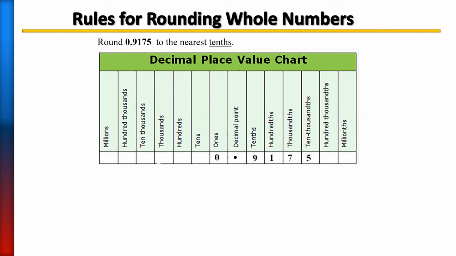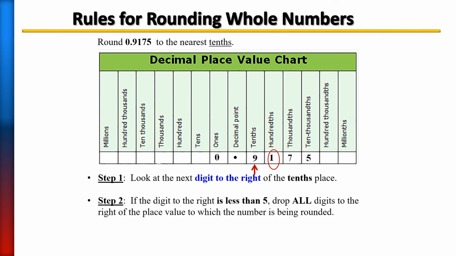Remember, the "ths" family is to the right of the decimal, so the tenths place is the first digit you get to the right. Since we are rounding to that place, we look to the right of that number, and to the right of that is a 1. If that number is less than 5, you're going to drop all the digits to the right of the place value being rounded.